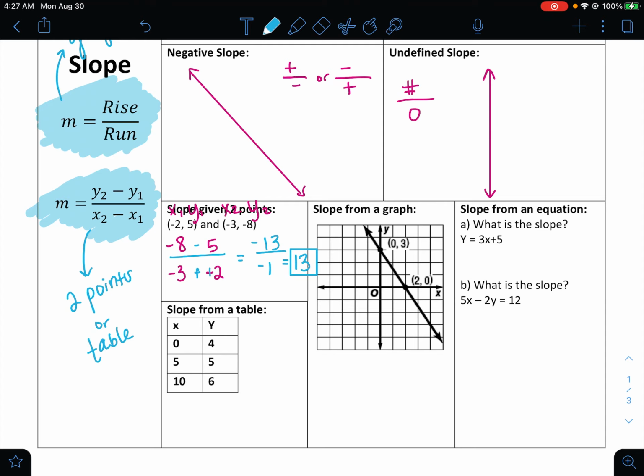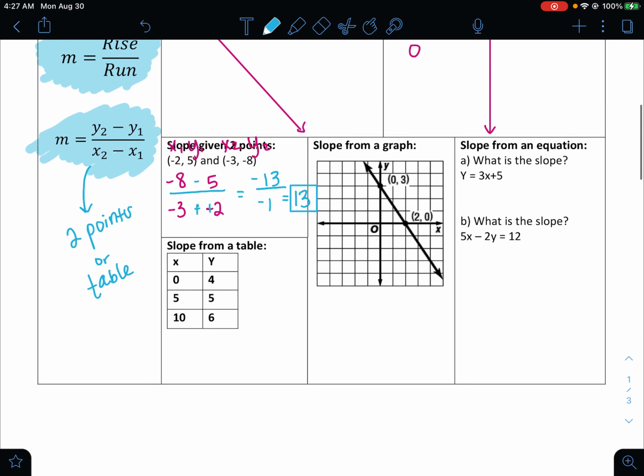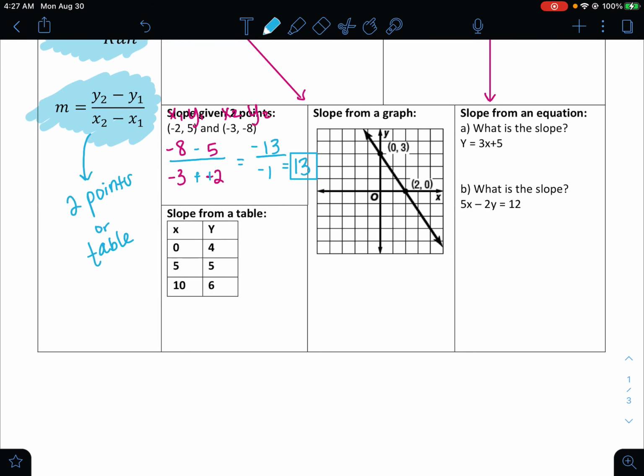Slope from a table. So looking at this table, we can do the same thing. Or we can use what they call finite differences. So I'm just going to keep it simple. We'll call this x1, y1, x2, y2. So again, we have y2 minus y1 over x2 minus x1.